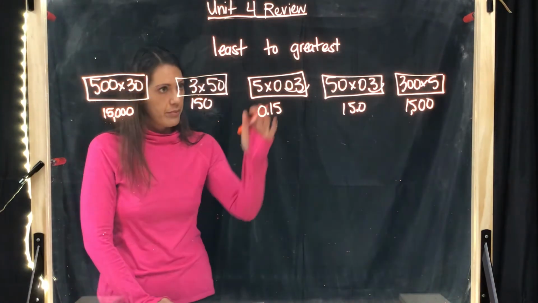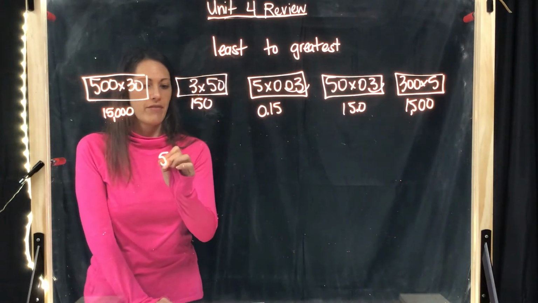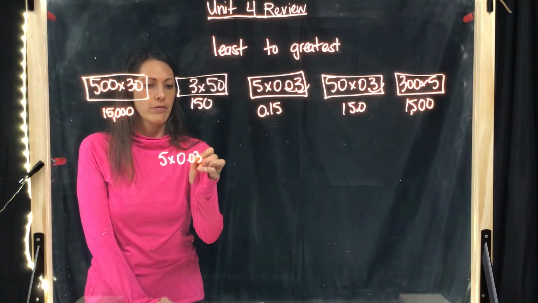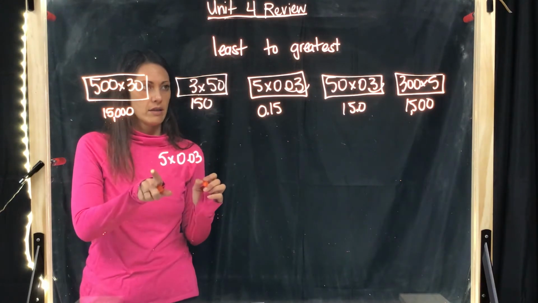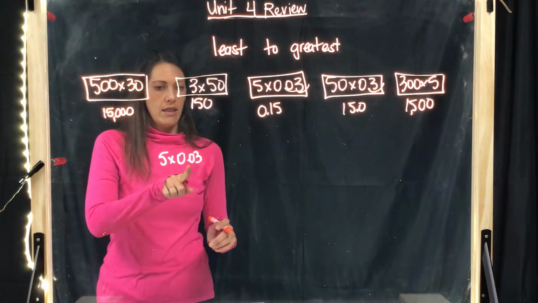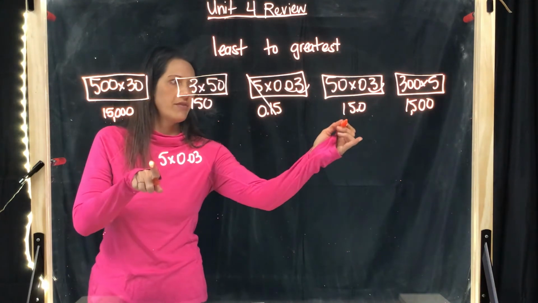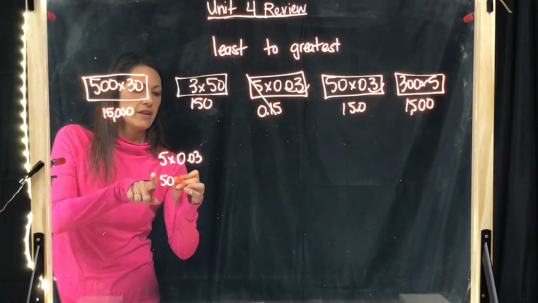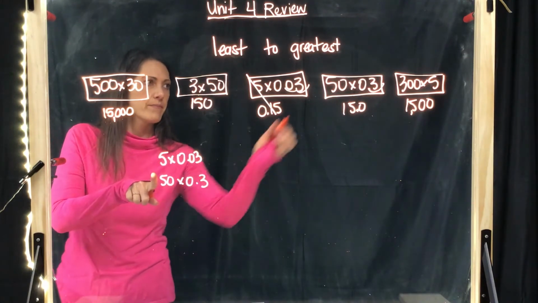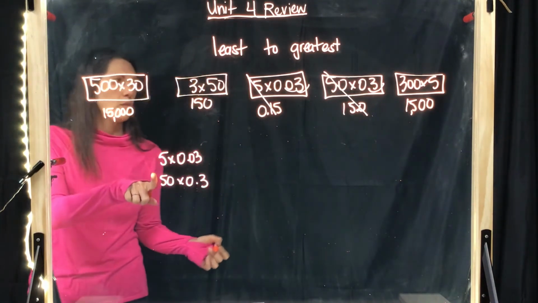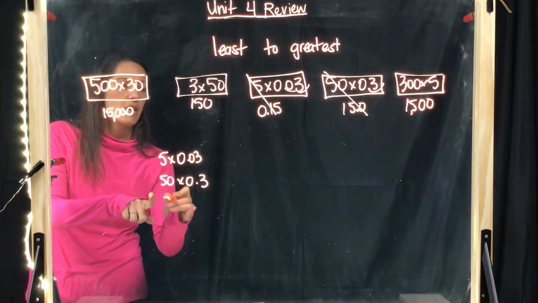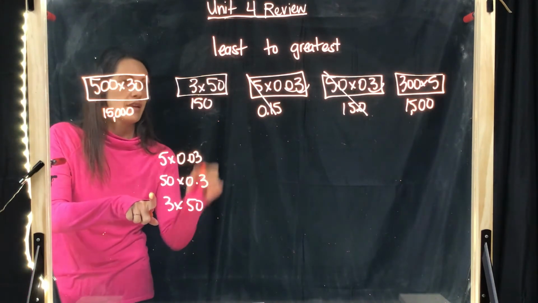Now I'm putting the terms in order. So it would be 5 times 0.03 is the first one. That's the least. Then after that, I'd say is 15. 50 times 0.3. After 15 would be 150. 3 times 50.